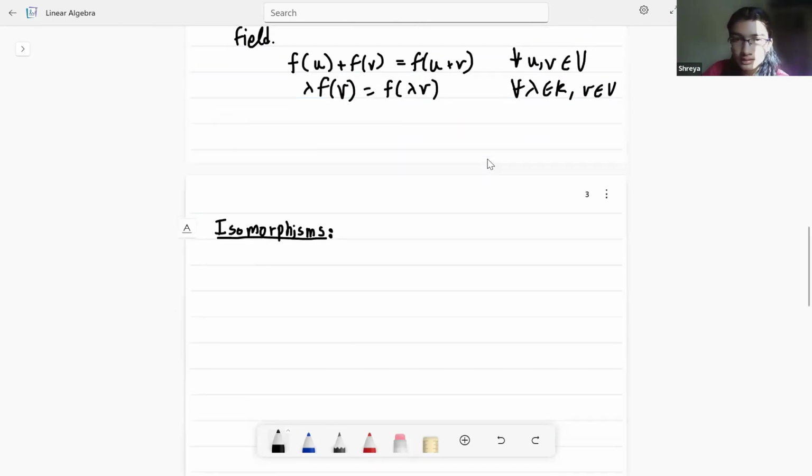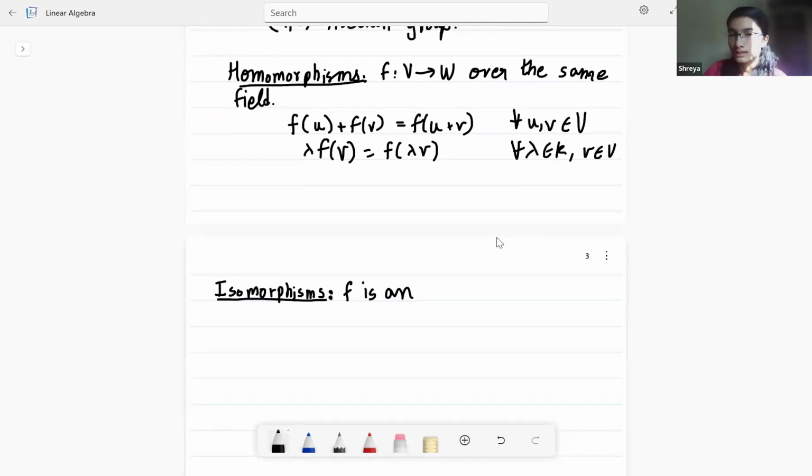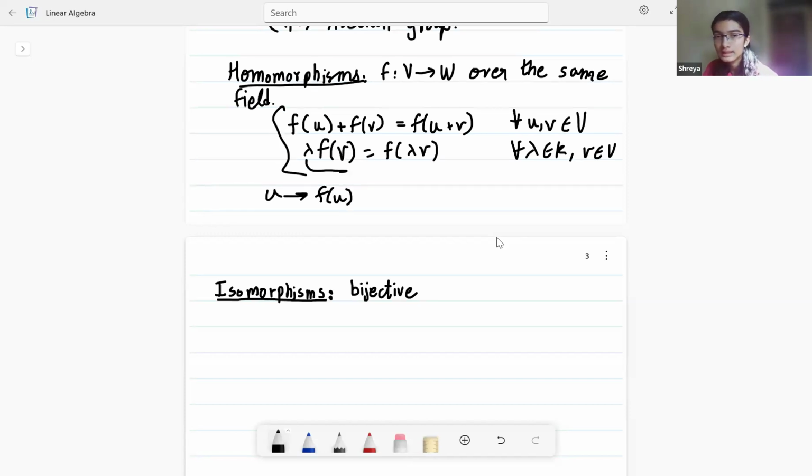So then F is an isomorphism if it's a bijection. Instead of being a general homomorphism, it's a homomorphism and it's also a bijection. And we again have this idea that two isomorphic spaces should be basically the same, because you're renaming them. If you take U and replace it by F of U, then it doesn't change how the vector space behaves.